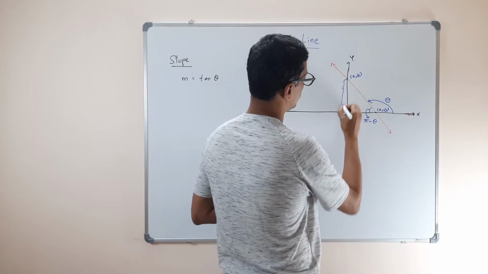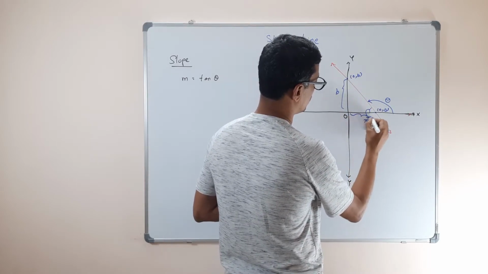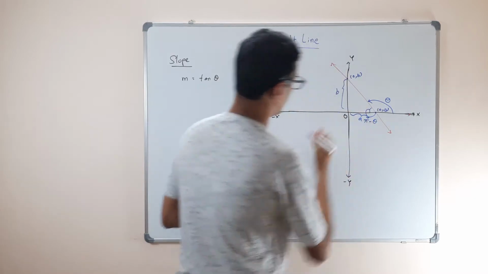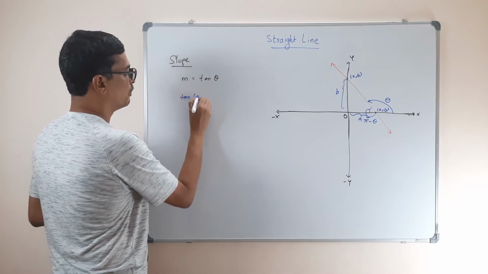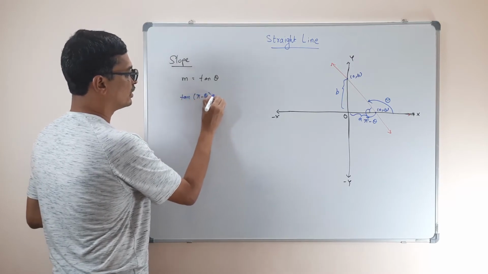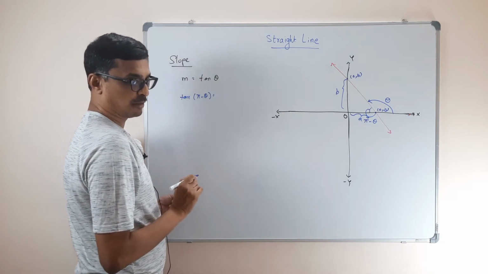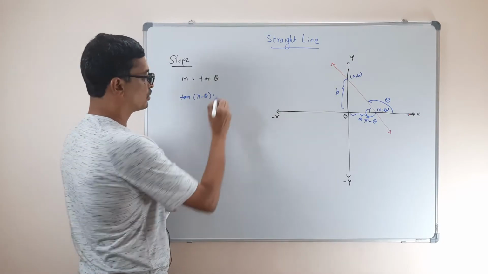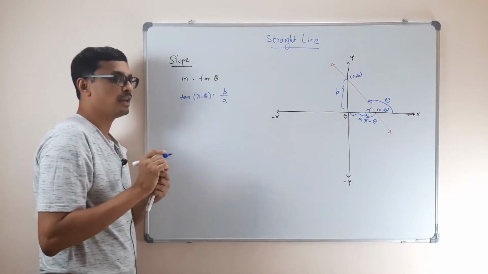And this distance? a. So let us take tan of pi minus theta equal to what? Opposite side by the adjacent side, correct. So this will be b by a.